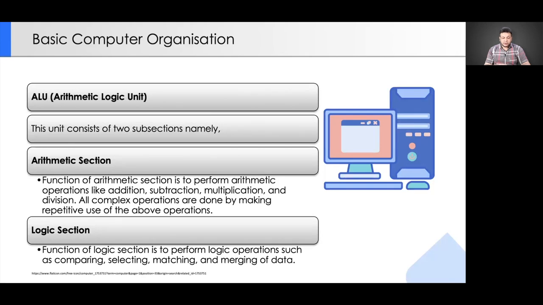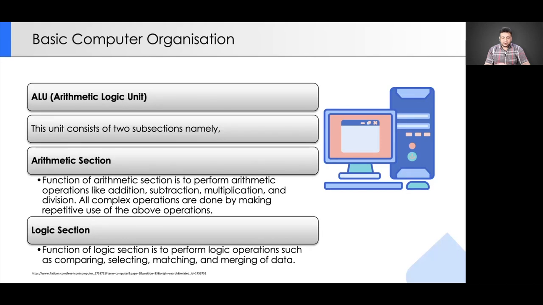The function of this section is to perform arithmetic operations like addition, subtraction, multiplication and division, and all complex operations are done by making repetitive use of these operations. In short, this component is responsible for all sorts of arithmetic operations.